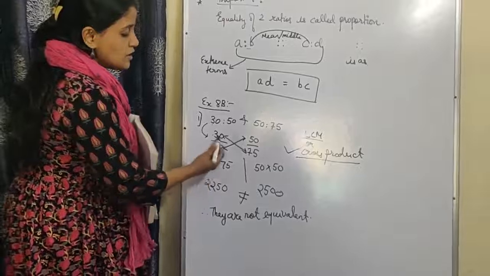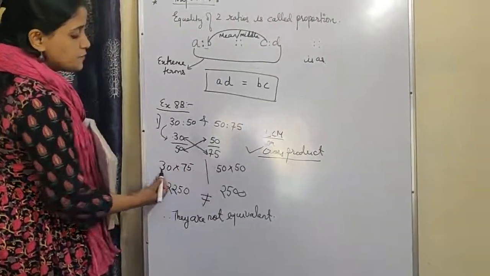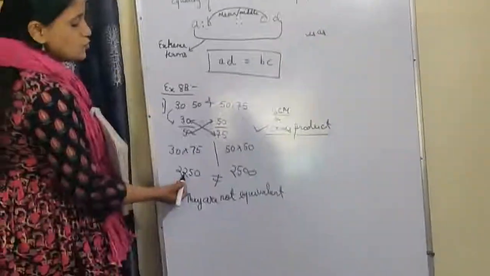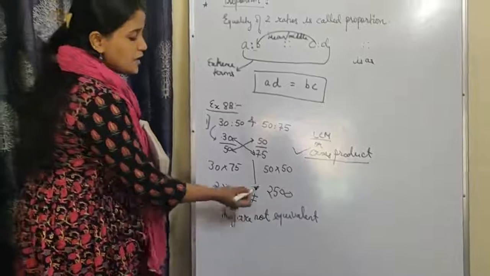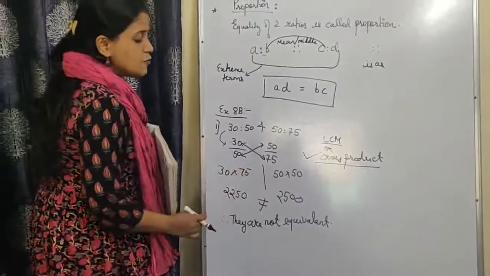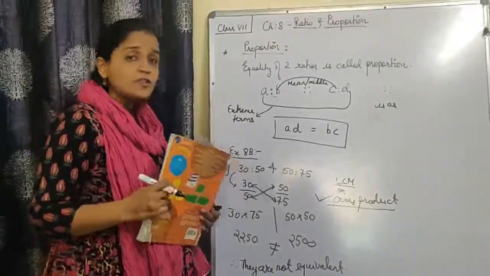So 30 into 75, make a line, 50 into 50. 30 into 75 is what? 2250. 50 into 50 is 2500. Are they equal, children? No. The answer of cross product is not equal. Therefore, we can say that the two ratios are not equivalent.